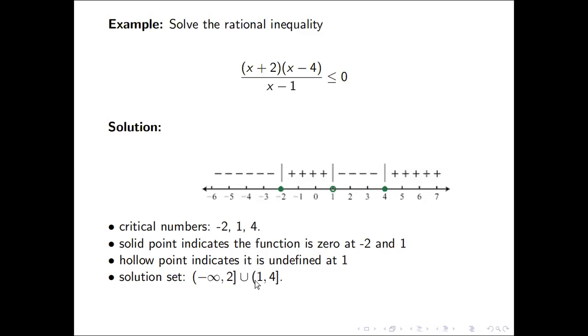So parenthesis for open, meaning that endpoint is not included, and then bracket for denoting that it's part of the solution or the interval. So you use the union symbol to put in all the possible solutions.